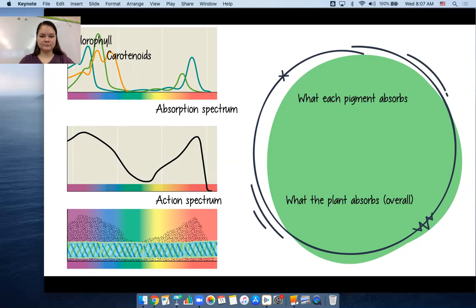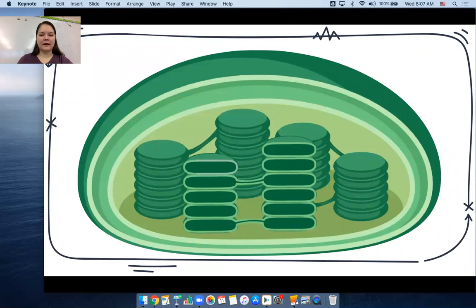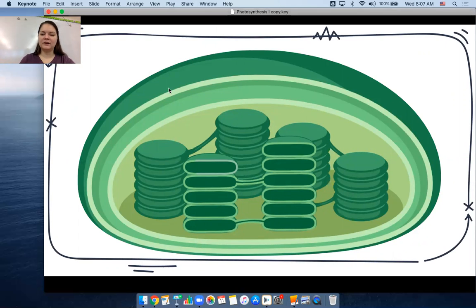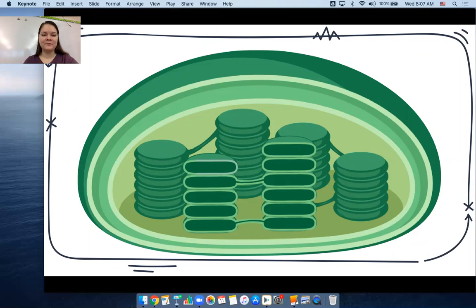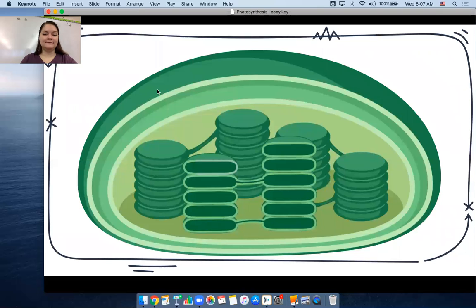So again, here is our chloroplast. Just to re-familiarize yourself with it, pause for a second and see if you can name everything here. Did you pause? I hope so. Outer membrane and inner membrane. Each one of these here is a thylakoid membrane that makes up a thylakoid.